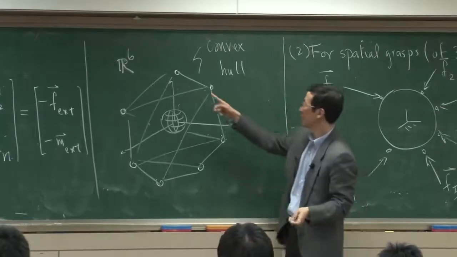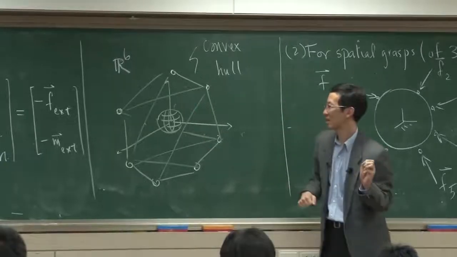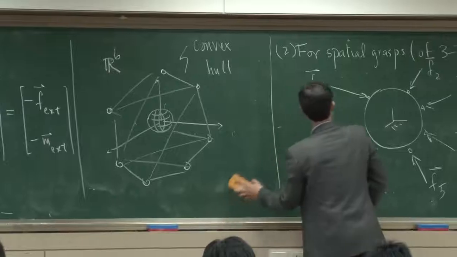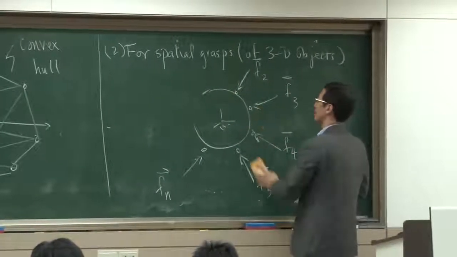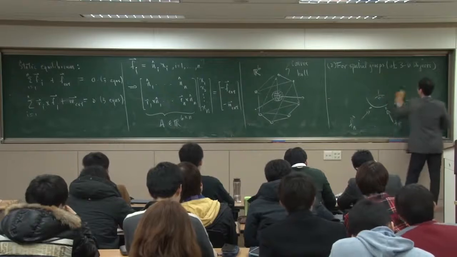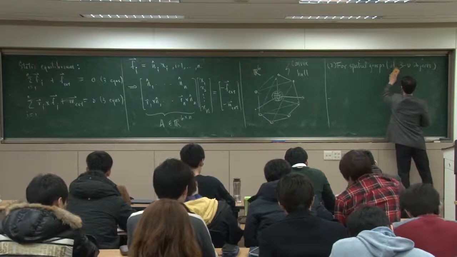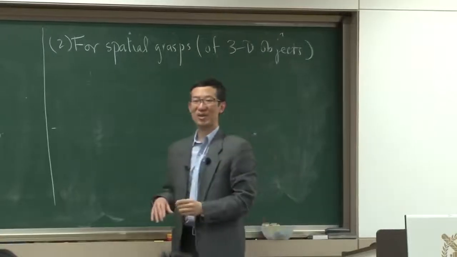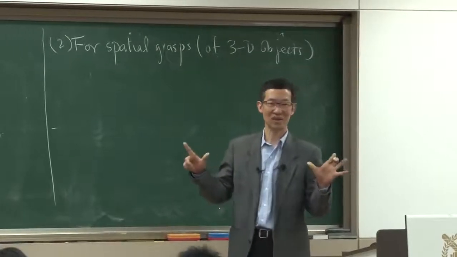So in 6 dimensions, we need 7 points. So we have the answer. Whoever said 7, I'm not going to give you a prize or anything, but yes, 7. We need 7 fingers.